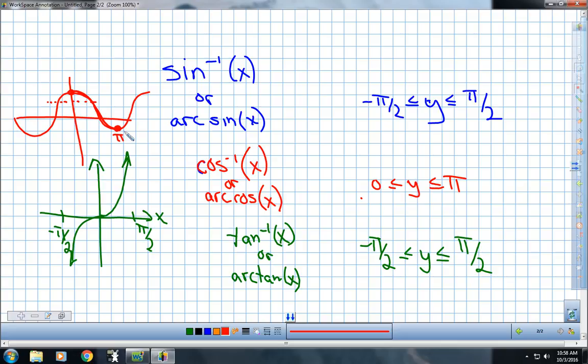That's why. Okay? All right, so I wanted to take some time to explain to you why this is true, so you understand the why behind it. But here's the nuts and bolts. This is what you've got to know. We're talking about inverse functions.